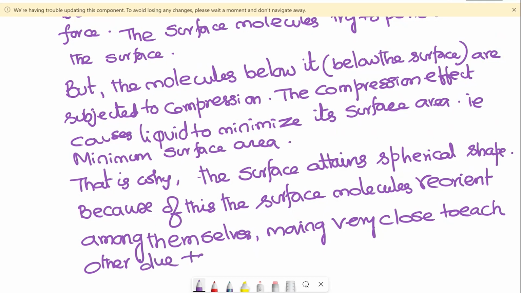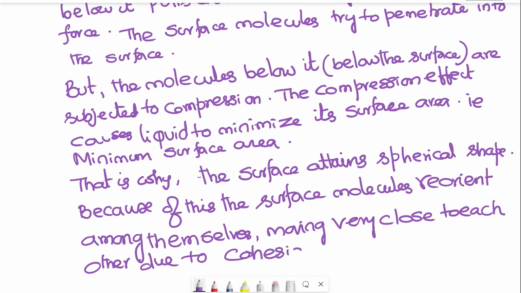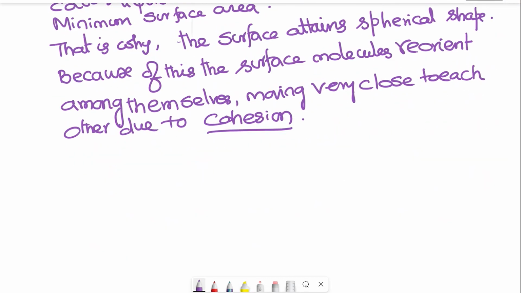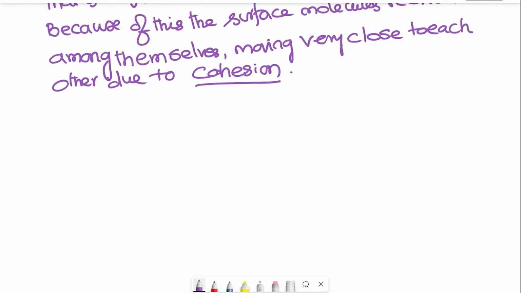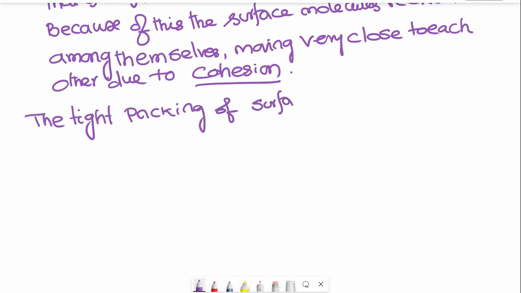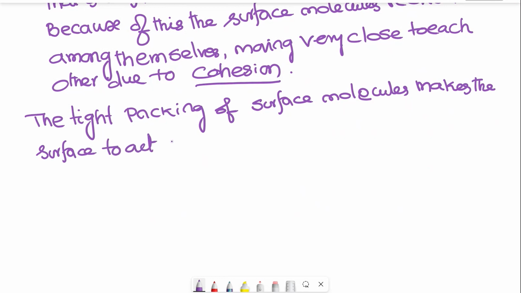Due to cohesion, the tight packing of surface molecules makes the surface act as a stretched membrane.